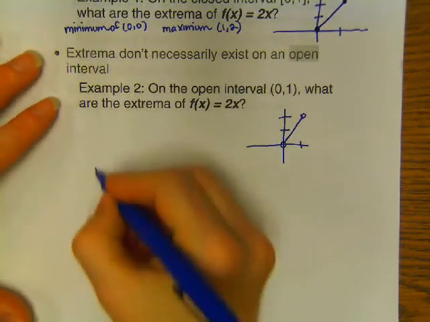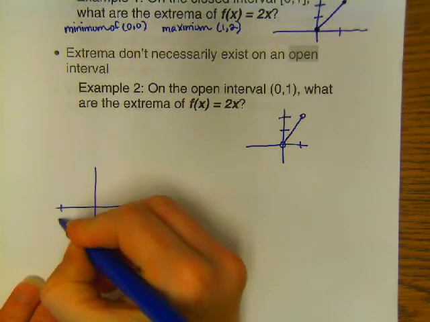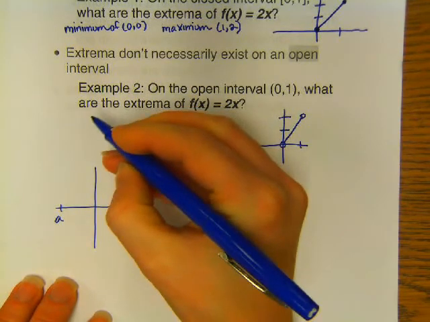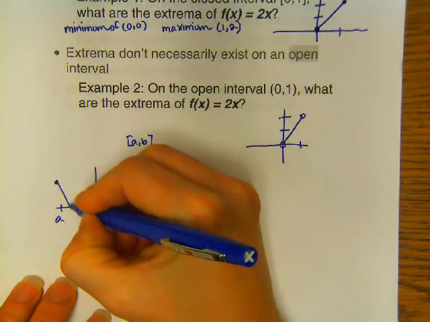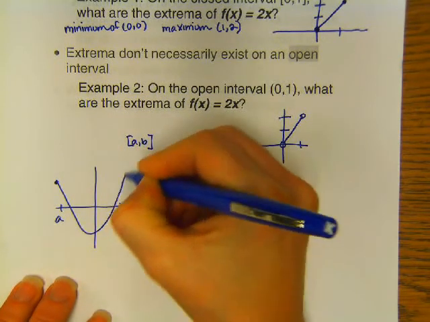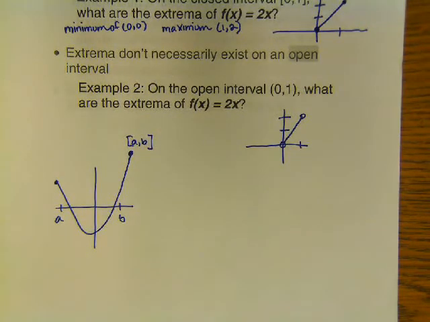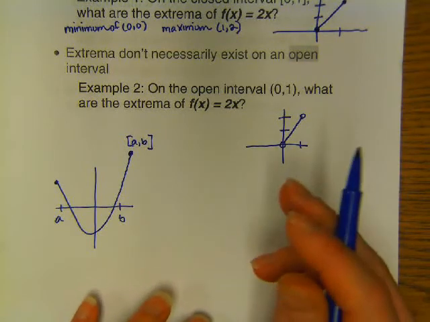Alright, so let's say I had A to B and it was a closed interval. We'll call it A to B. And I had a function that went something like this. Okay. So in this case, it's a closed interval and it is guaranteed to have a maximum and a minimum.